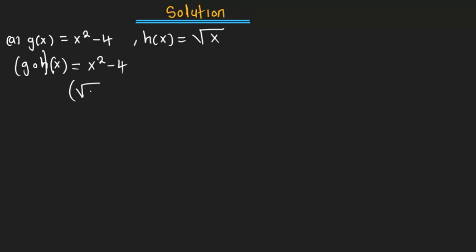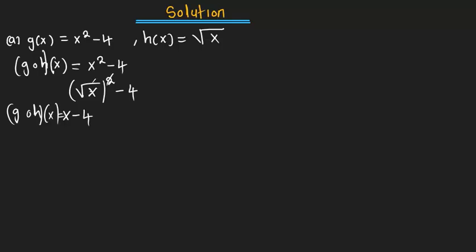So this is going to be my h of x power 2 minus 4. And then when I solve this, I'm going to get x minus 4, okay, as my g of h, being evaluated at some point x.